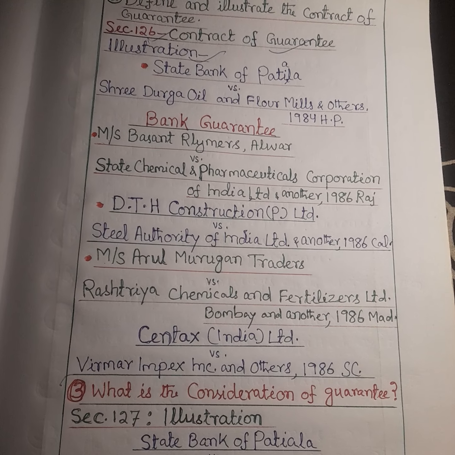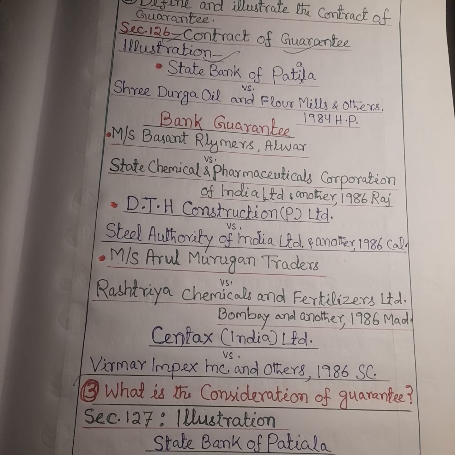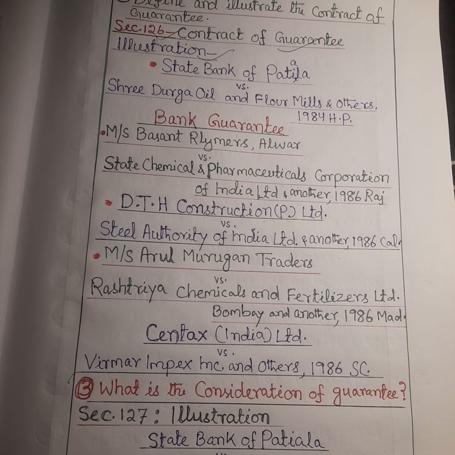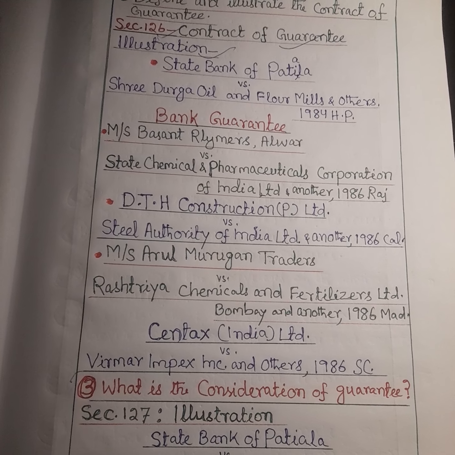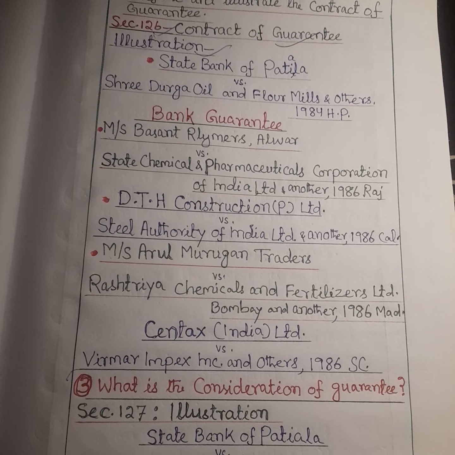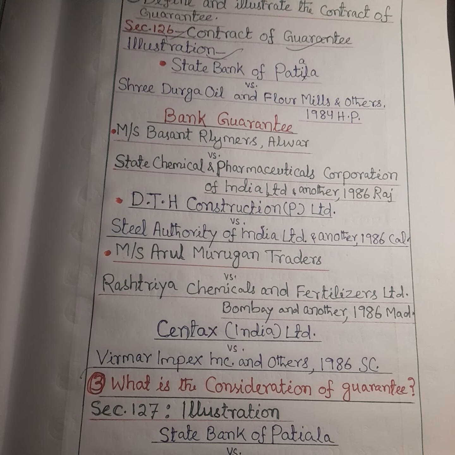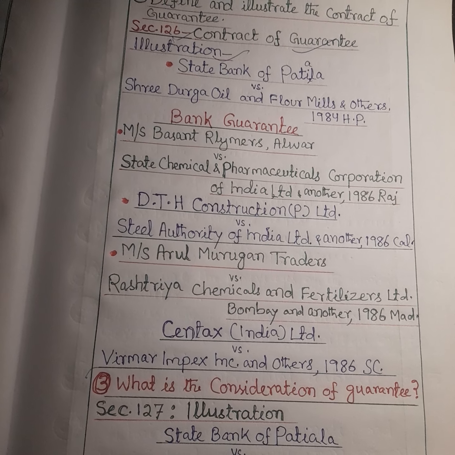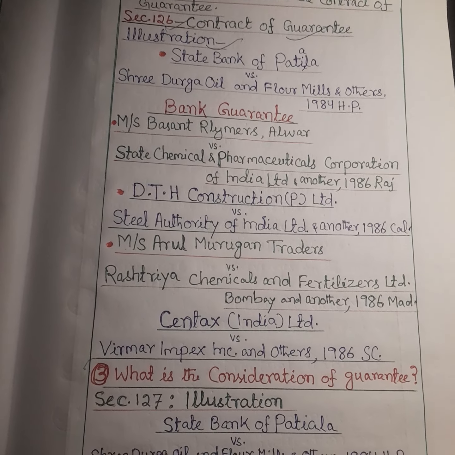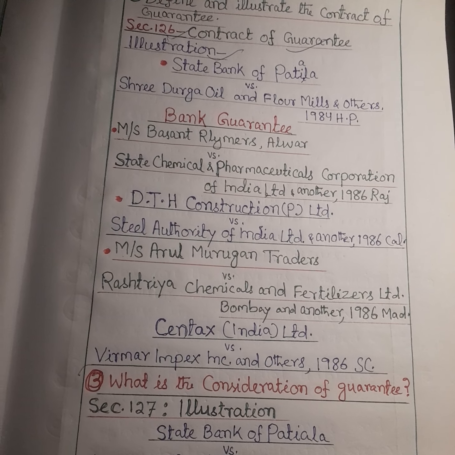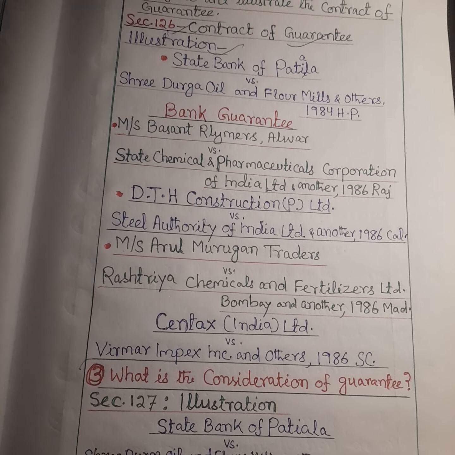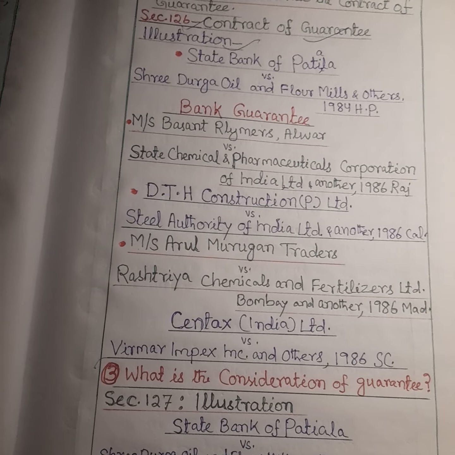In 1940, the Bombay High Court observed that since the contract of guarantee involves three parties, the creditor, the surety, and the principal debtor, there must be a contract, first of all, between the principal debtor and the creditor that lays the foundation for the whole transaction.